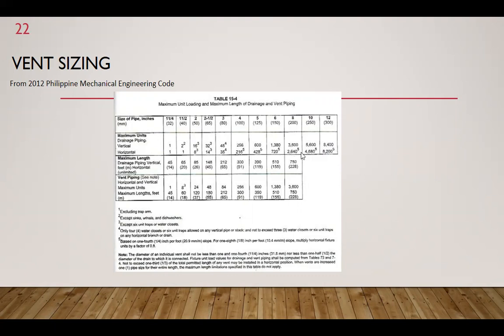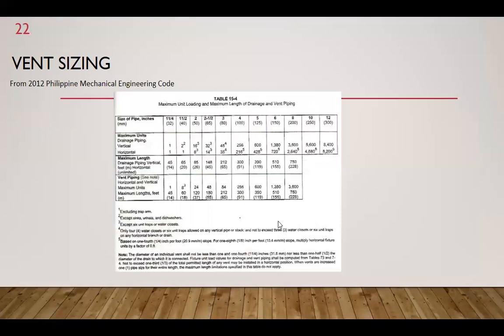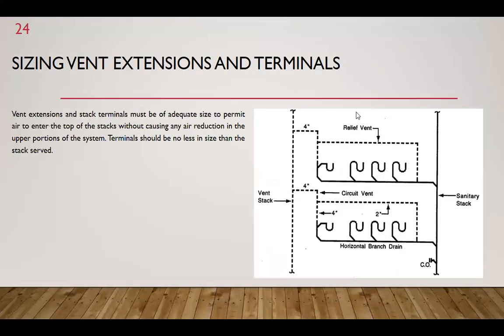So, 8 inches na. Diba? Then, I, sa branches naman, for example lang itong I, F is 120, size is 4 inches. So, halimbawa naman is 230, the size is 6 inches. Bakit 6 inches? So, table siya. Okay?